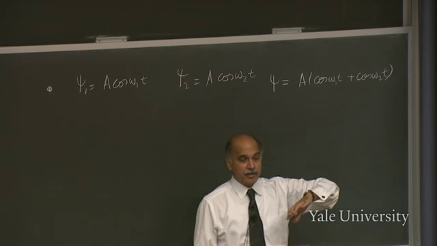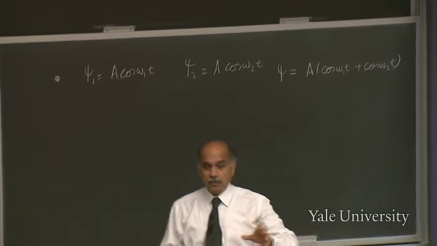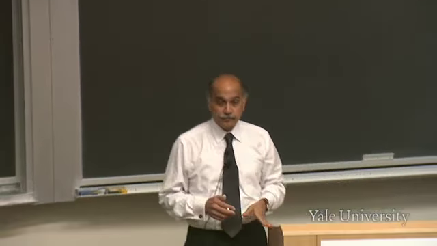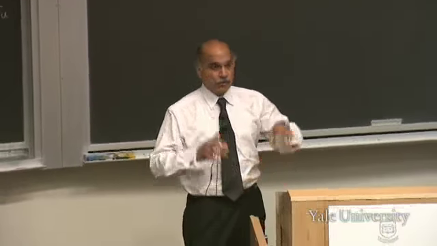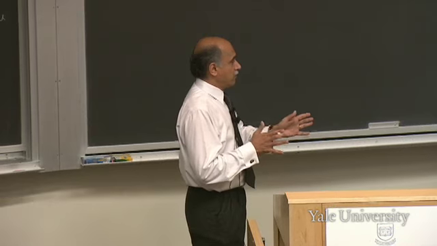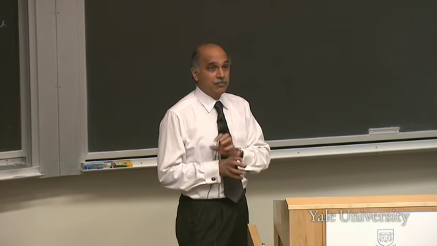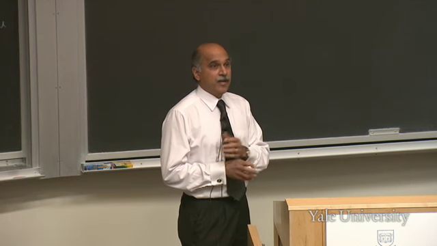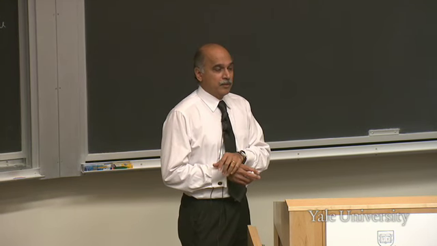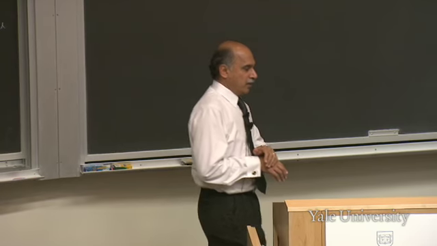As time goes by, omega 1t and omega 2t start differing. So the cosines are not in step anymore. And what can happen after a while is the two cosines are offset by half a cycle, or the angle between them is pi. Then in fact they will cancel. Then if you wait long enough, again they will be in step.